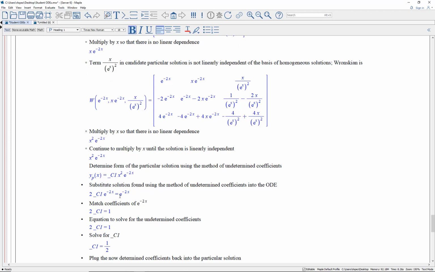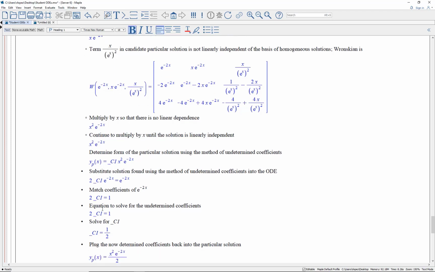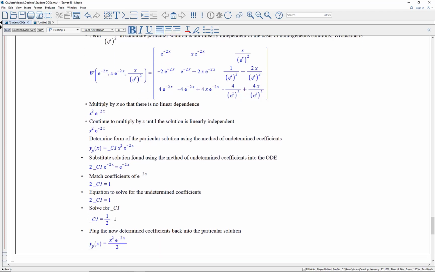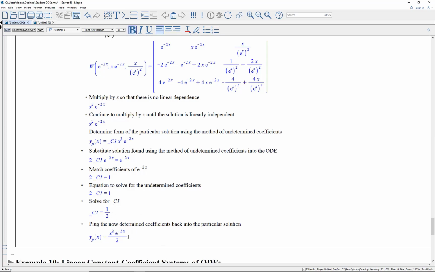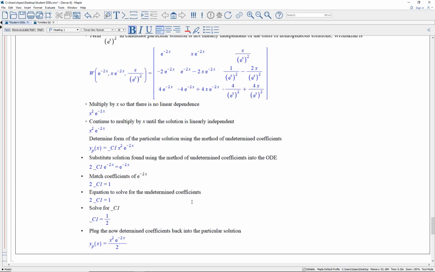Put that into the differential equation. Figure out what that coefficient C1 has to be. It turns out, for an expression of this form to be a solution, that coefficient has to be 1/2. So it ends up with a particular solution of x squared e to the minus 2x over 2.